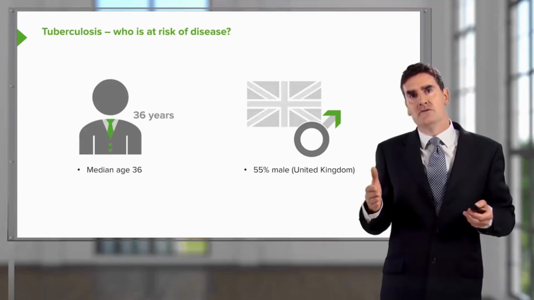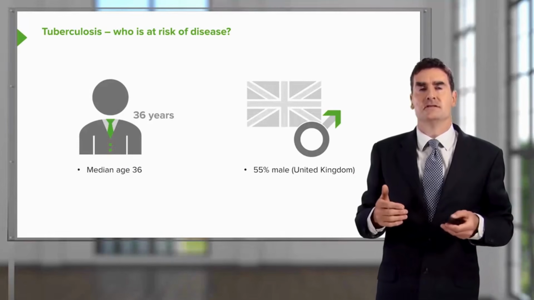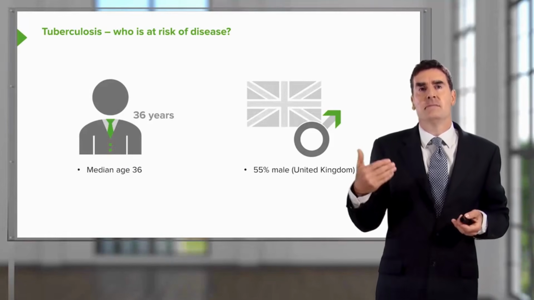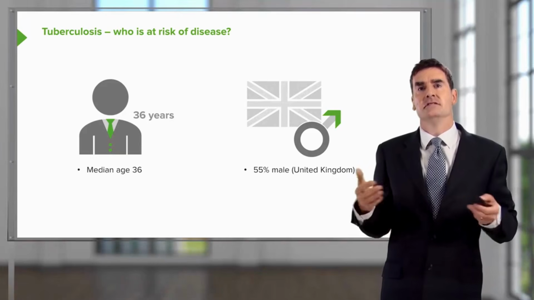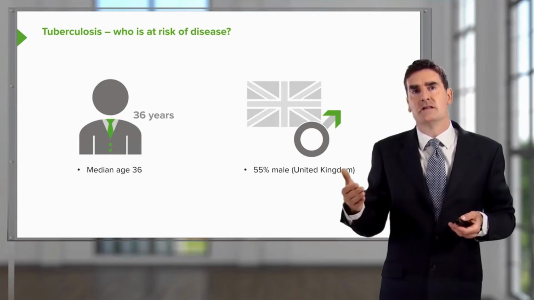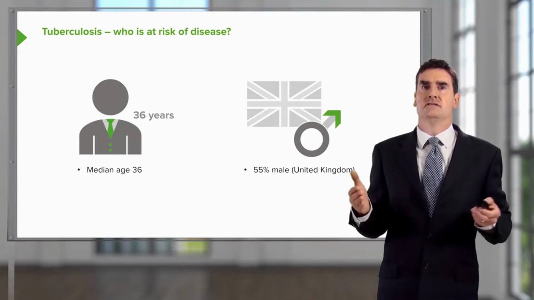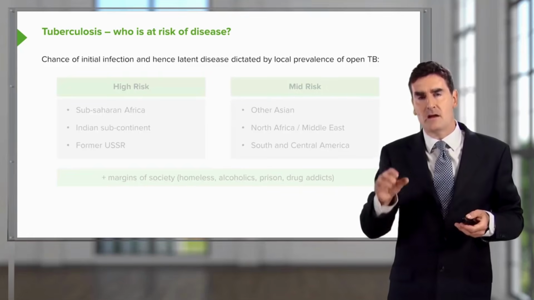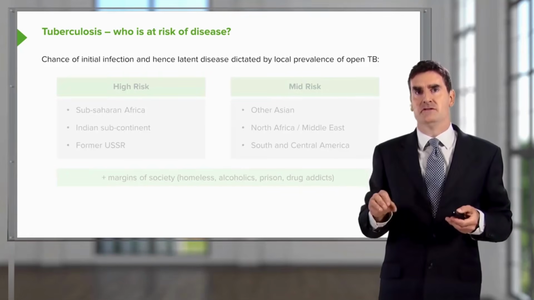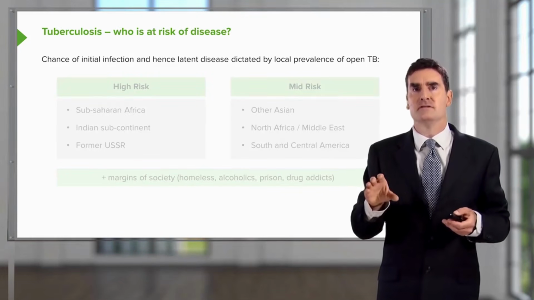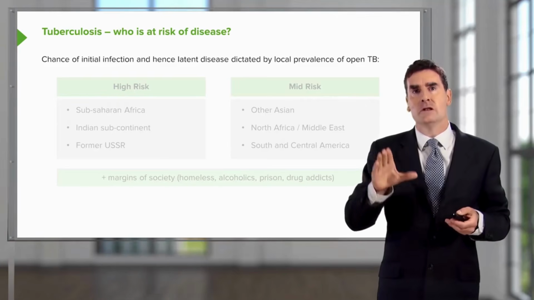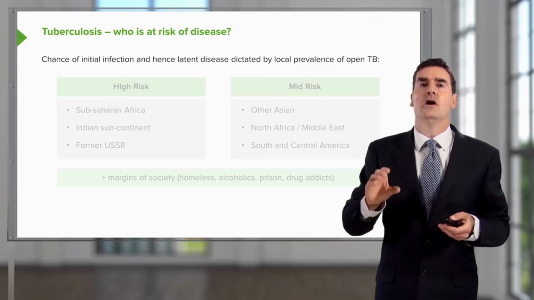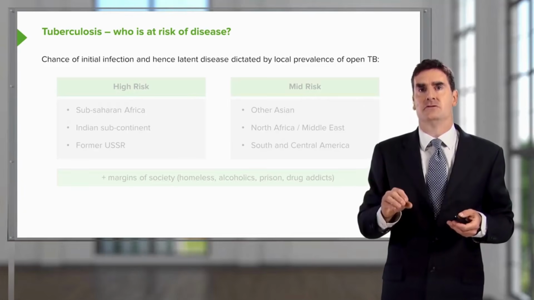So overall, if you look at the epidemiology of tuberculosis in the United Kingdom, the median age of diagnosis is in the mid-30s. There's a slight male preponderance, but essentially it's a disease that's split relatively equally between men and women. The chance of having infection is dictated by what happens as a child, whether you're likely to have developed latent infection or not.